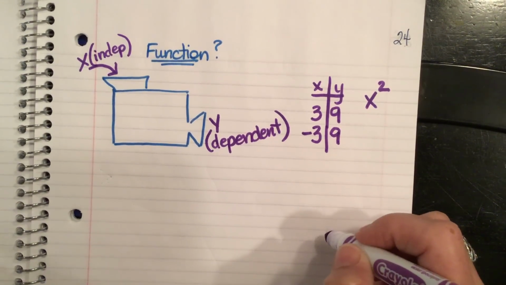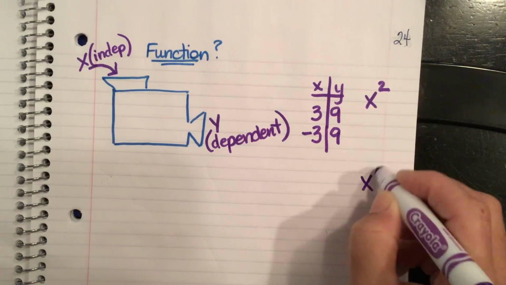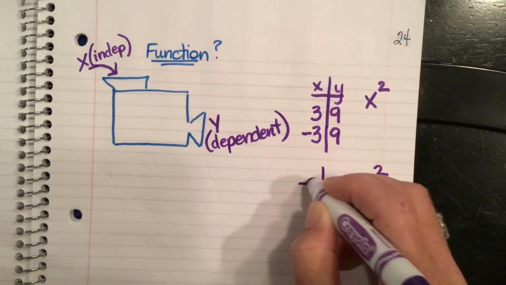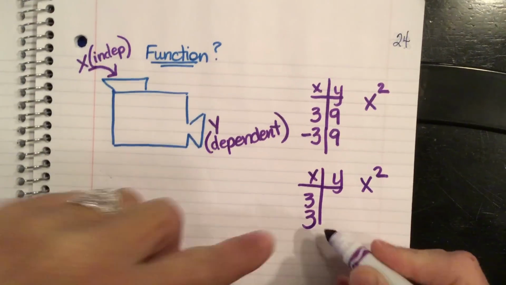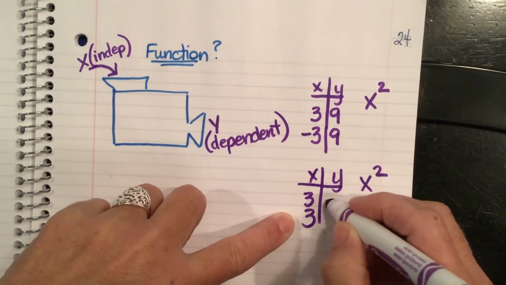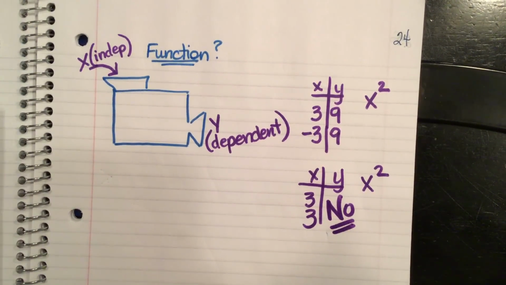So let's pretend that I had x squared again. And to prove my point, can I do 3 and 3 and expect a different output? No. Okay?